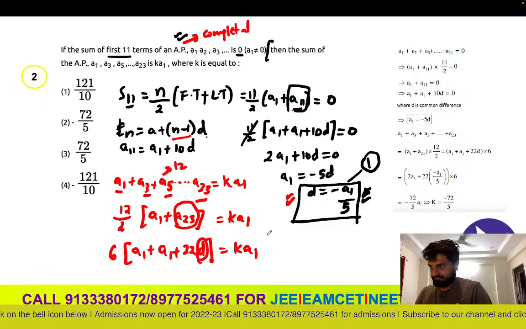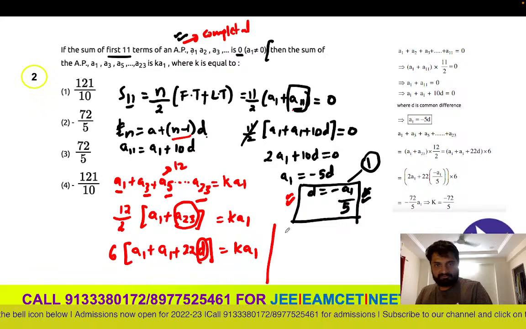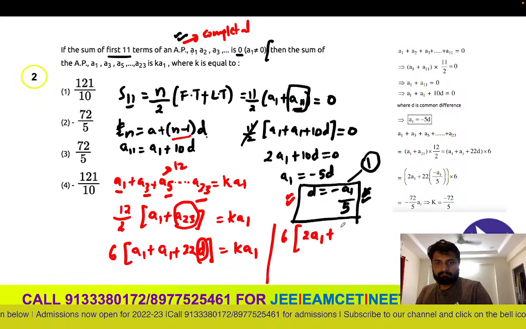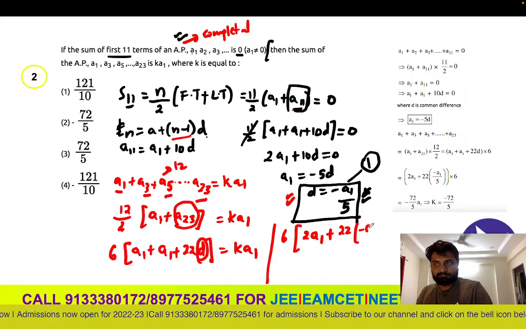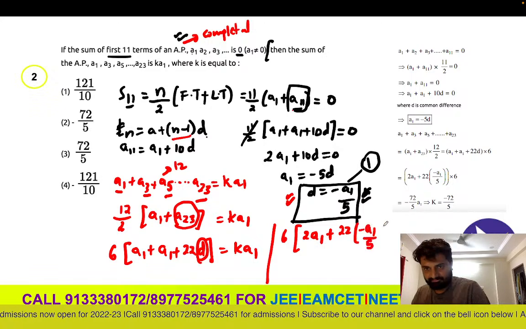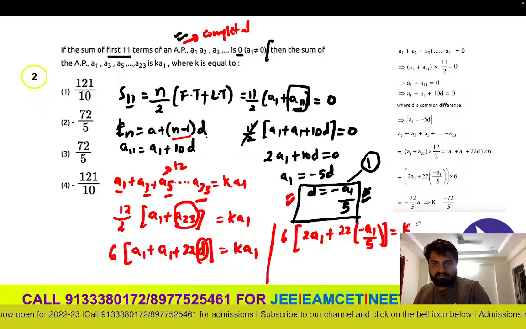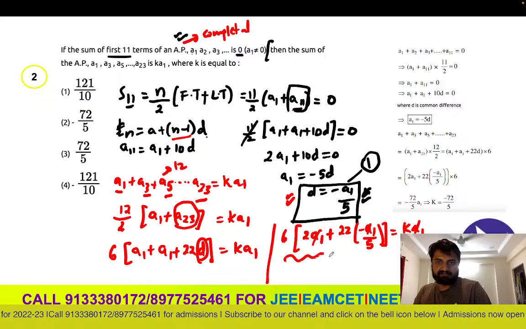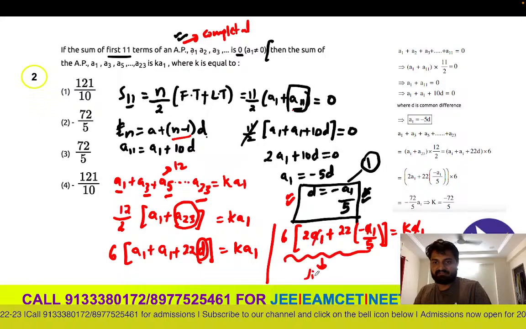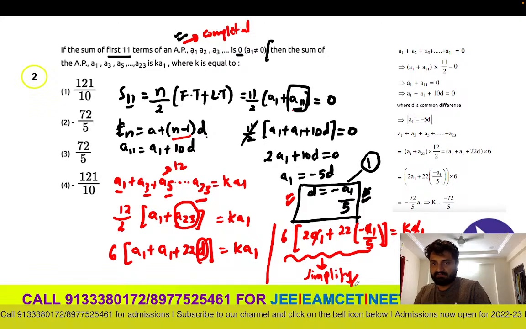What will you get now? 6 times 2A1 plus 22 times minus A1 by 5 is equal to K times A1. So A1, A1, A1 everywhere cancelled. You can just simplify this. You will get the final answer.